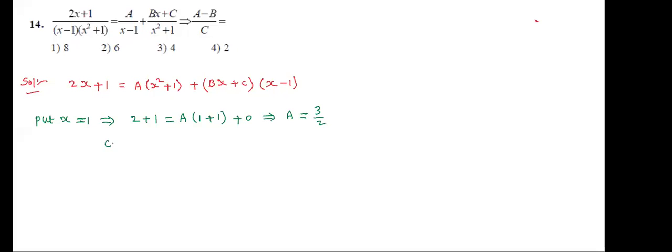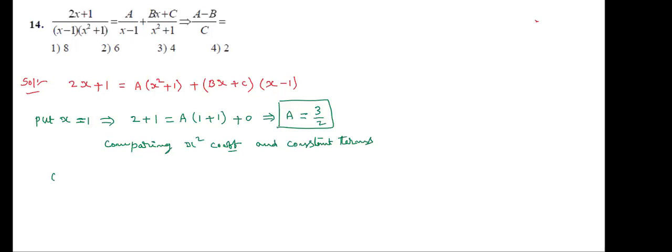comparing the coefficients. Comparing x square coefficients and constant terms. First compare x square coefficients. What happens?